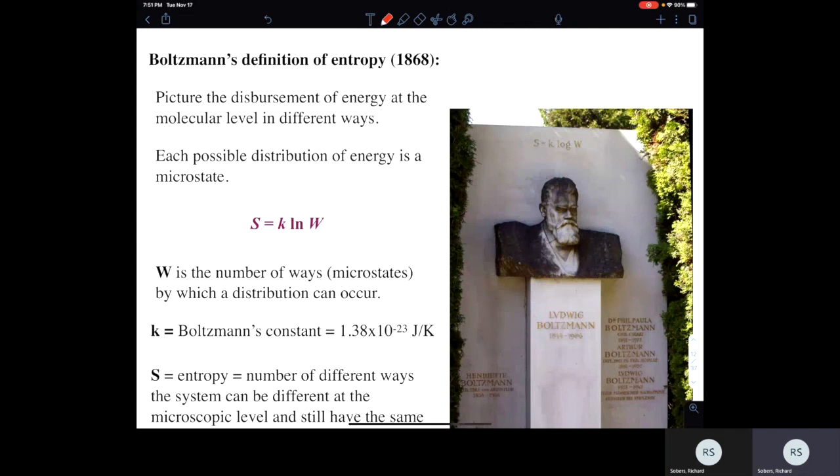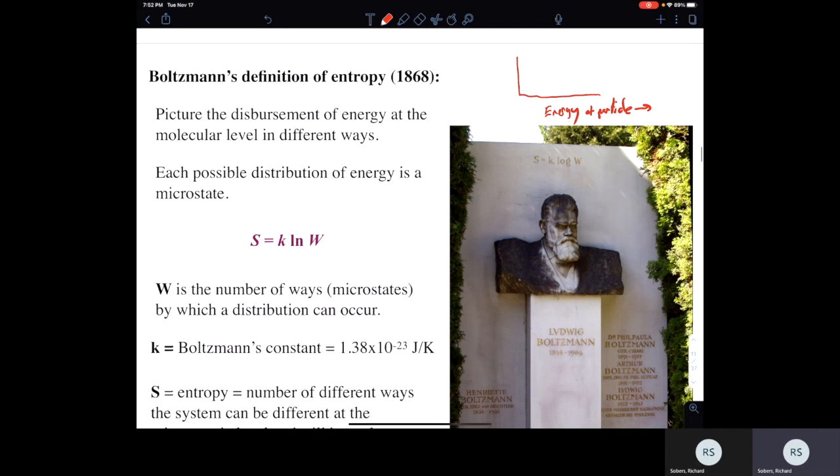We're not going to do too much with probability and statistics in this class really, but you should understand how this equation works. So Boltzmann, you probably recognize his name from like the Boltzmann distribution in statistics. And when we study our Boltzmann distributions, we have like the energy of particles, and then the fraction of particles.